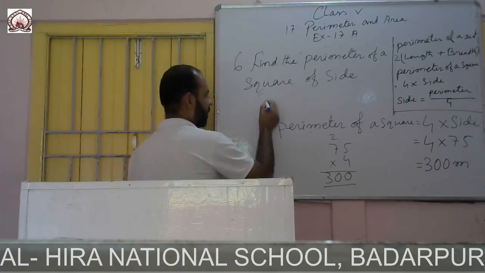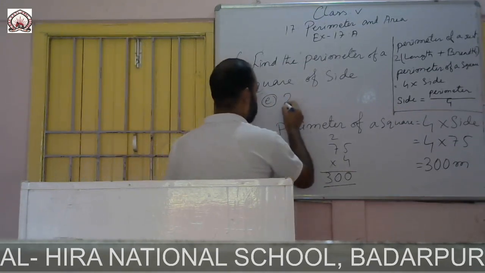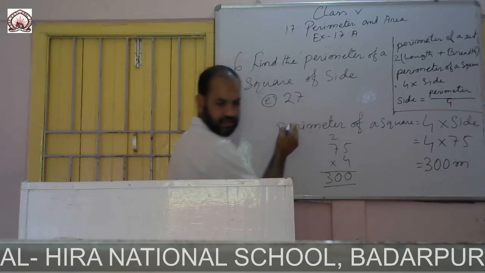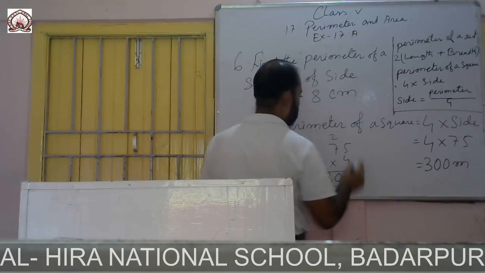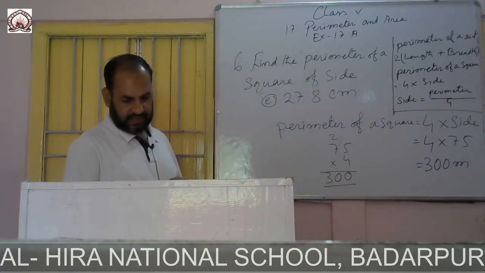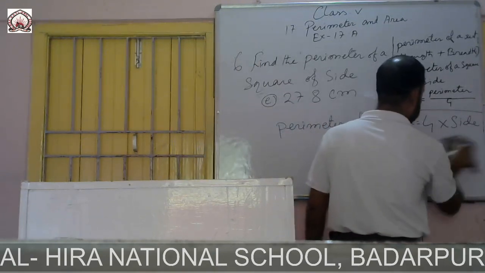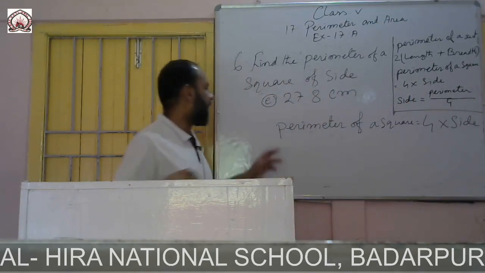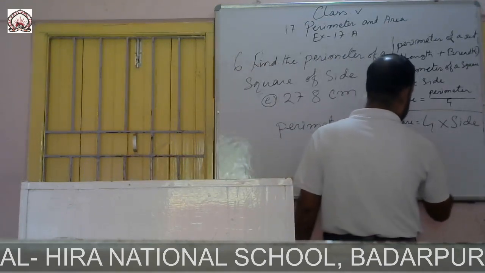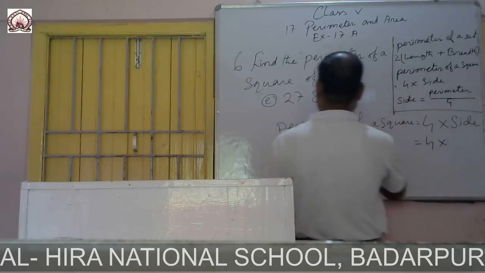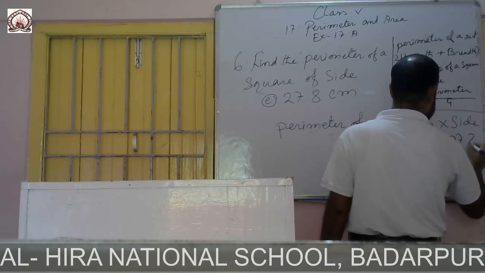Next, question number E: 27.8 centimeter. We know the perimeter of a square equals 4 into 27.8.